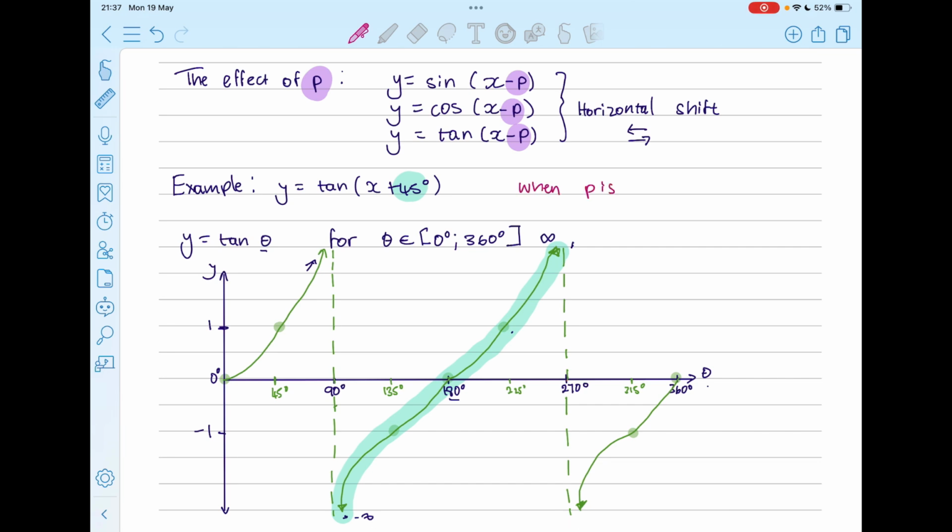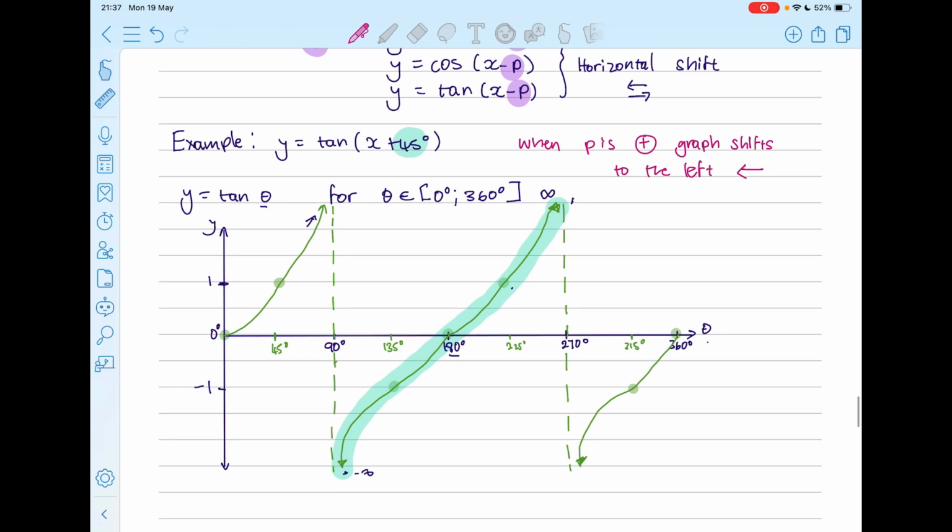When p is positive, it means that the graph shifts to the left. So it's going in this direction. So what this means is for all our x coordinates, we need to subtract 45 degrees. So we always take the opposite sign.